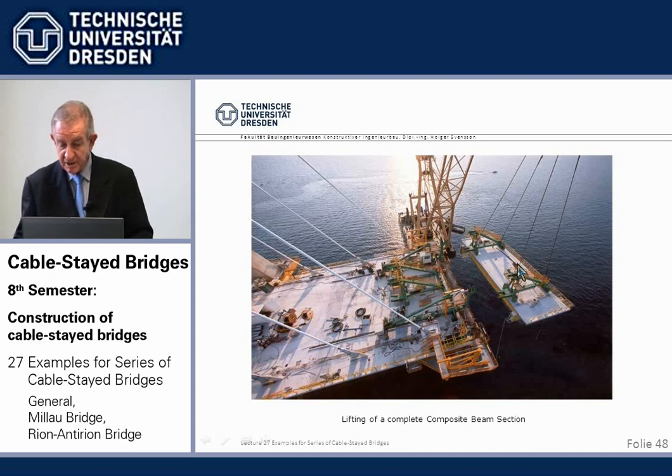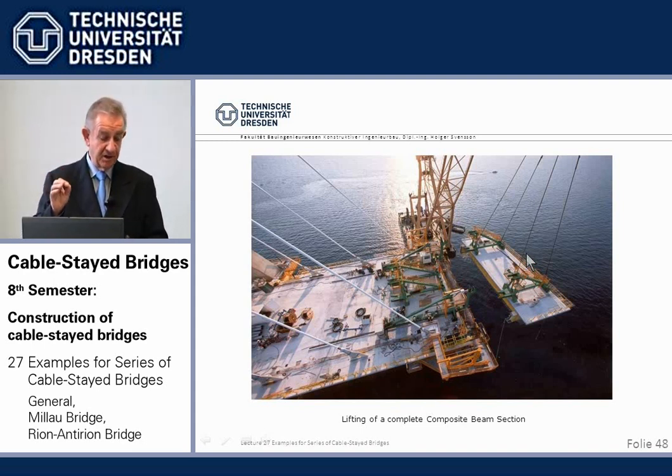We see it here a little bit better, and that is another special item, the only example I know where it has been done, at Kap Shui Mun, but that's a little bit different, where we have the steel grid plus the concrete slab on top, lifted in.